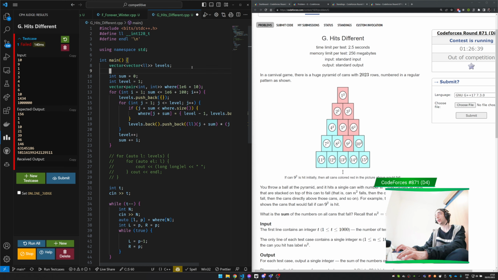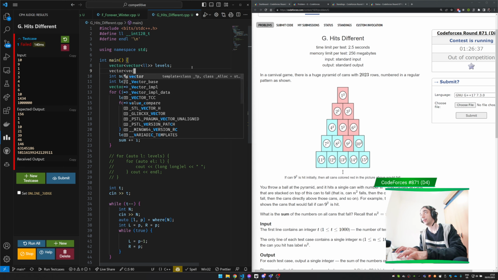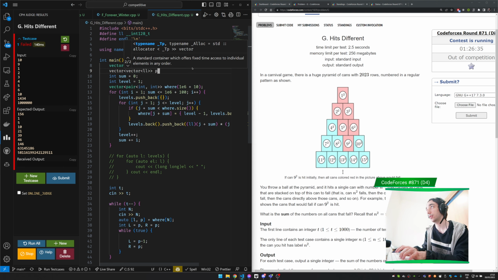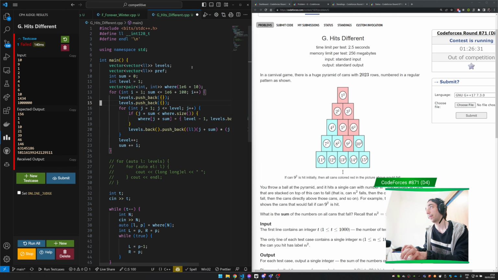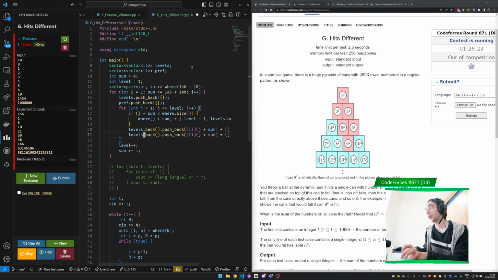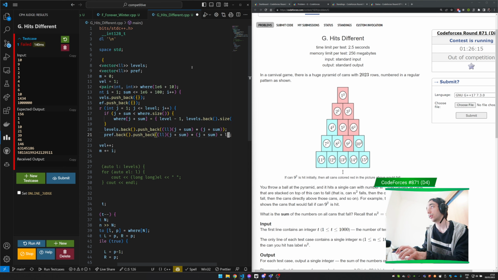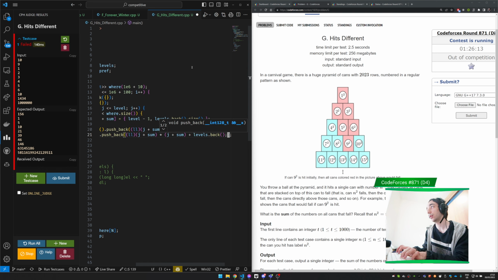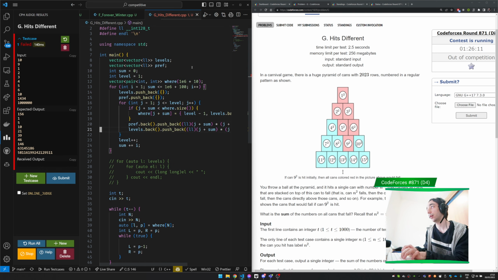And now here I will have to have prefixes for each layer. There's probably a better way of computing this, but whatever. Prefix dot push back this plus levels dot back.